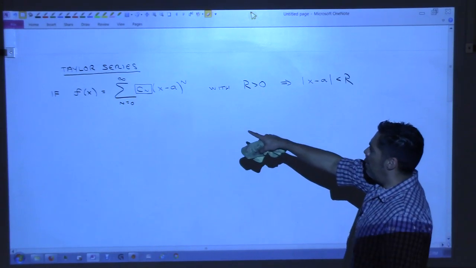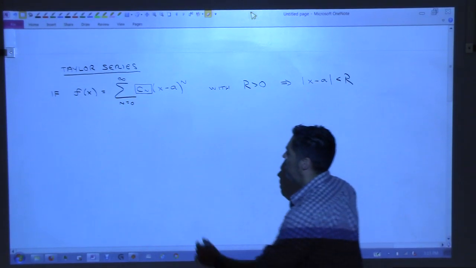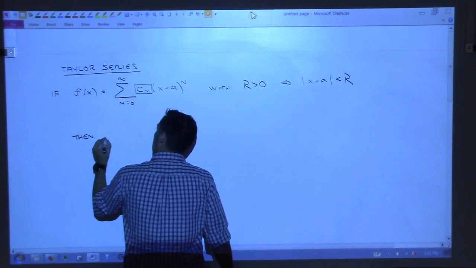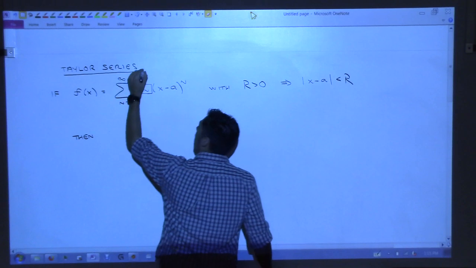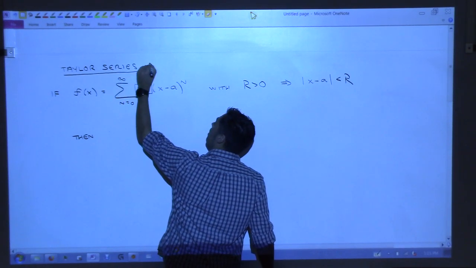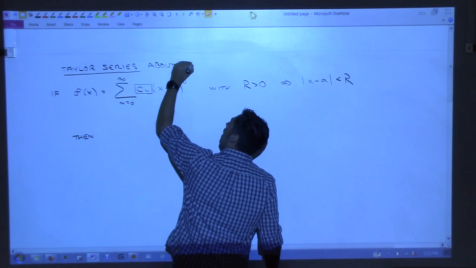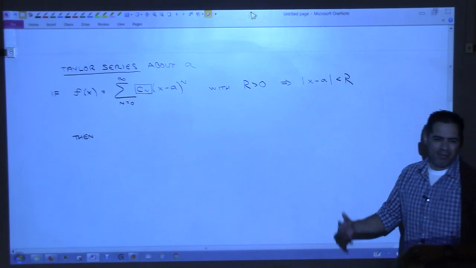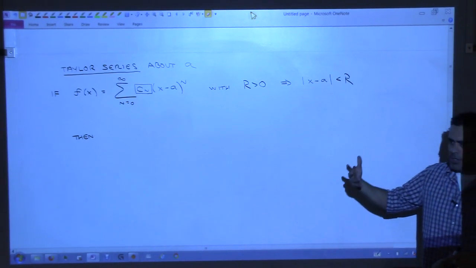So if we have a power series, all right, then the Taylor series about a, I forgot to put here. So this is what this is called, the Taylor series about a, which is, we've seen that notation before, that language.